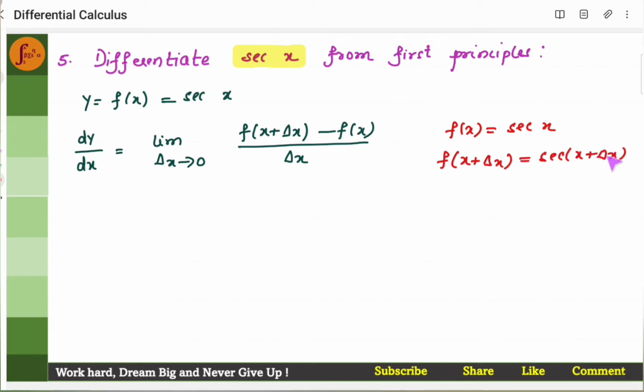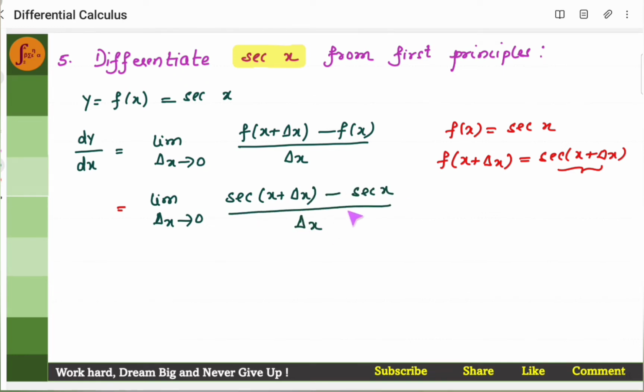Instead of x, I'm putting x plus delta x. That's all. So I'll get limit delta x tending to 0 of secant of x plus delta x minus secant x by delta x.